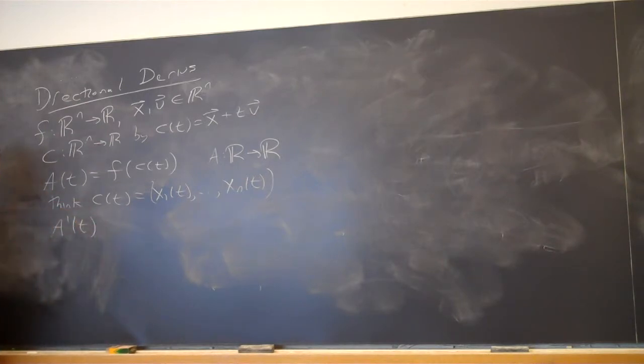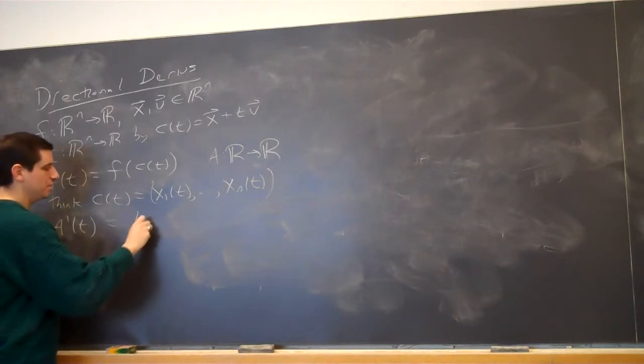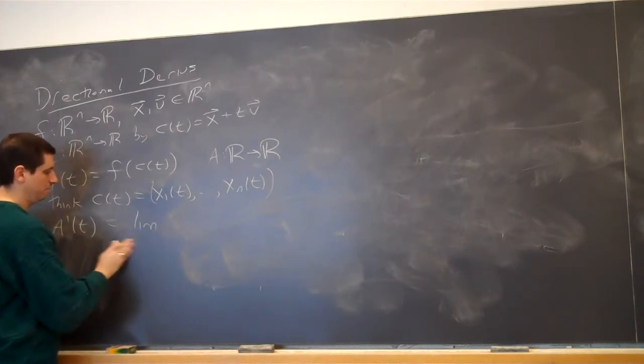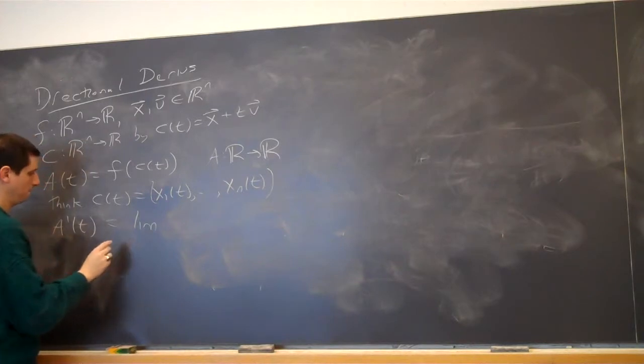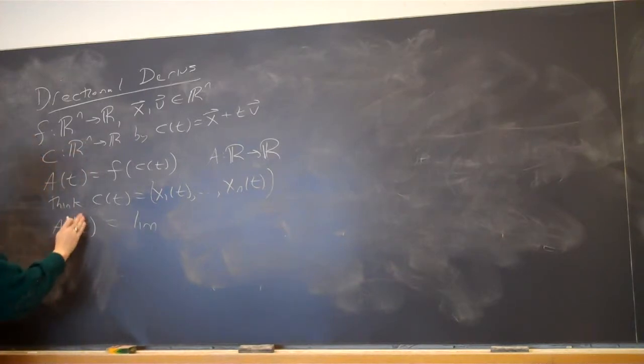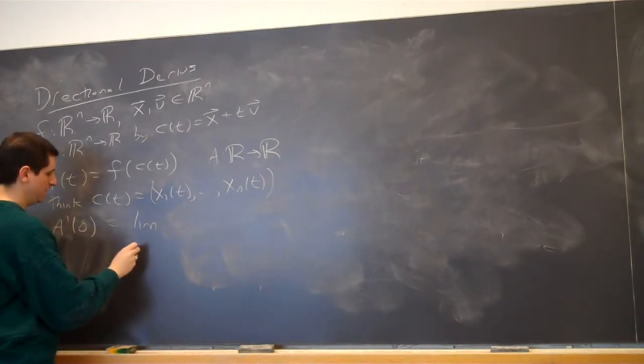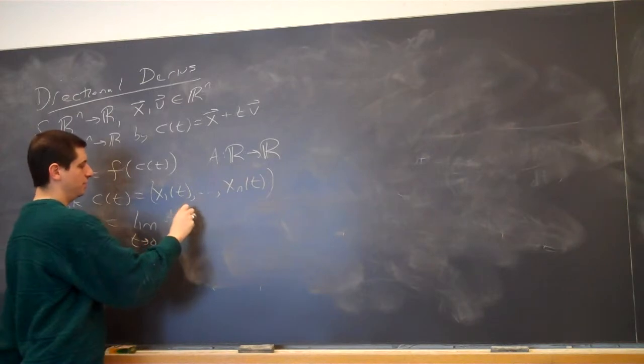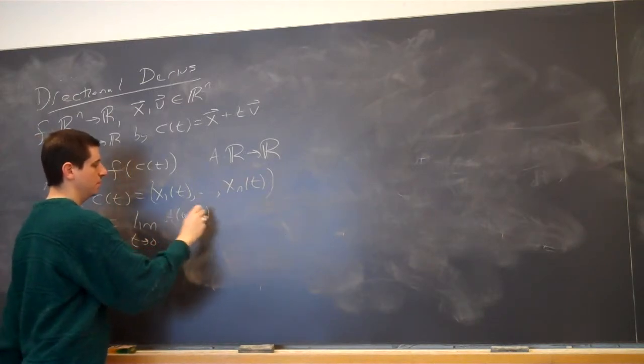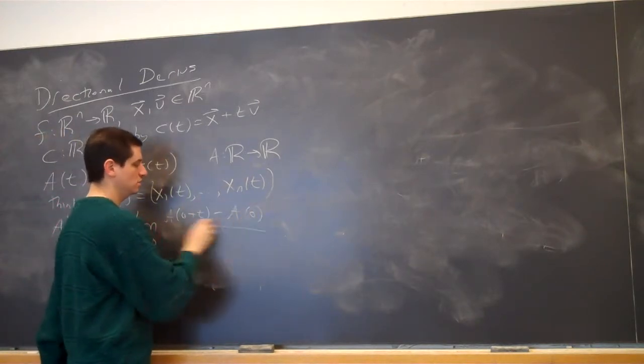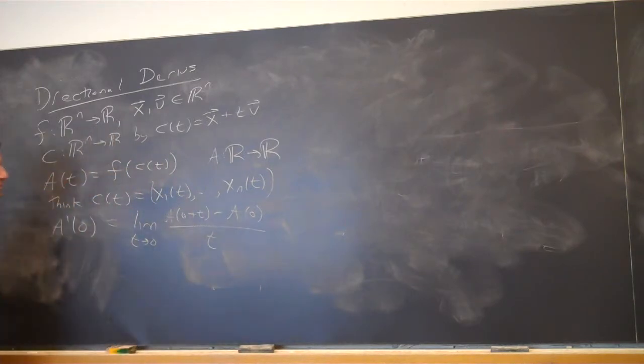We can compute that. It is the limit, if you want, I'll do it this way. A prime of 0 is going to be the limit as t goes to 0 of A of 0 plus t minus A of 0 over t.